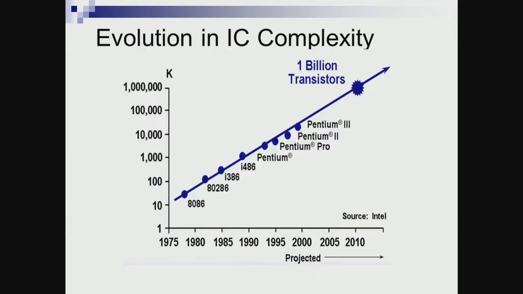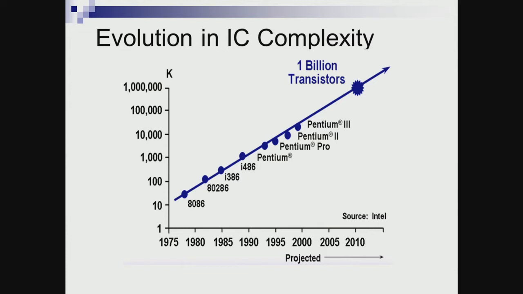This is the trend that you see, and there is a growth in IC complexity in terms of the number of transistors I put on a single chip. What you see on the y axis is a logarithmic scale. On a logarithmic scale, if I get a line, then essentially it is an exponential growth, and the number of transistors we could put in unit area has kept growing exponentially over the last several years, and that is what this has shown.